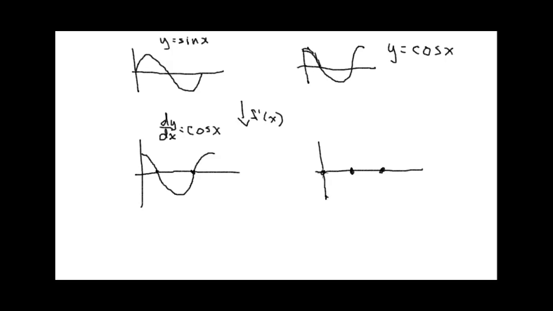So I've got to go down to the negative and then go up. So it's positive here. Looking at that, it kind of looks like sine, just reflected in the x-axis. So that must be dy by dx is negative sine x.